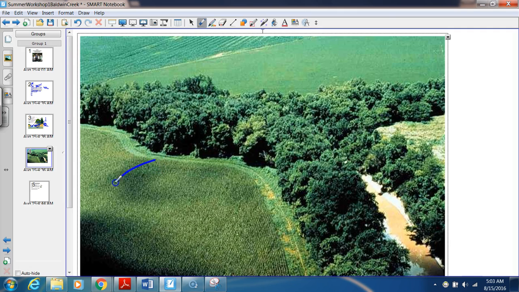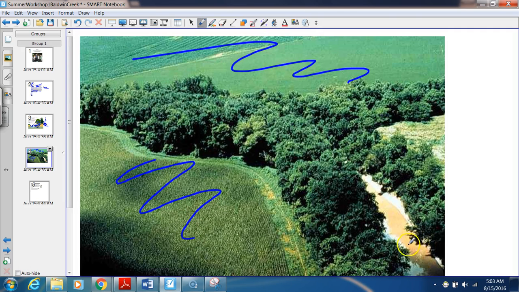So we have all this farmland here and all over here, and here's a stream that is flowing this way, and you can see that we have this buffer around the stream, and this is the riparian zone of this watershed right here.